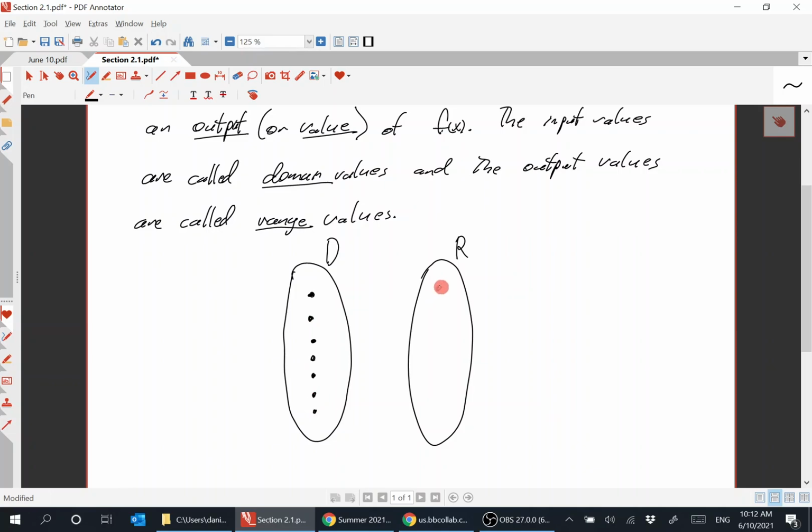And then you've got this set of range values. Okay, and every domain value goes to something in the range. Which something, you don't really know. But everything in the domain goes to something in the range.